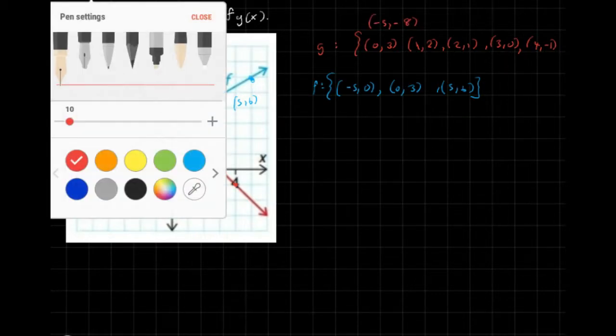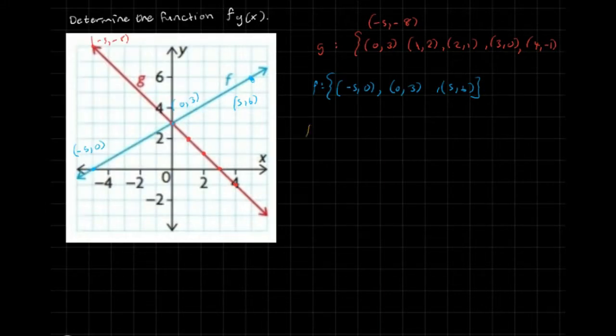Okay, so what we want to do here is find f times g of x. If we want to just look at it as points, we can look at some common points. So we can do f times g of negative 5, which is going to look like f of negative 5 times g of negative 5.